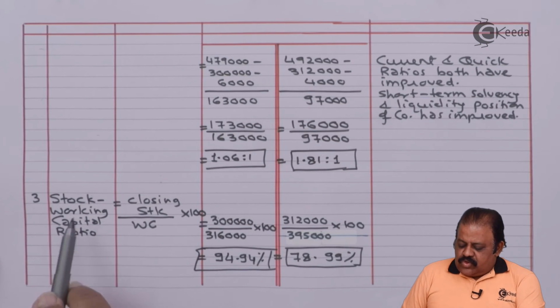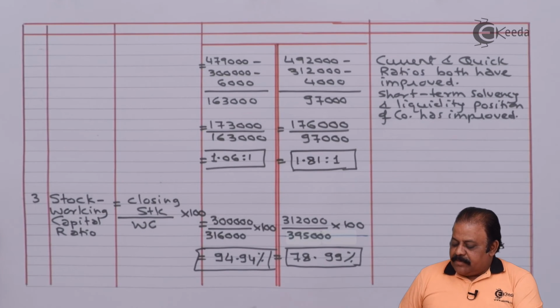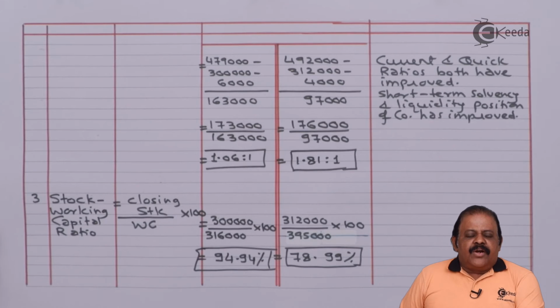Next we have stock working capital ratio. The first year it is 94.94%, second year 78.99%. Standard stock working capital ratio is that it should be less than 100%. So in both the year it is less than 100%, indicating good control of management on stock. During second year, it has become 78.99%.